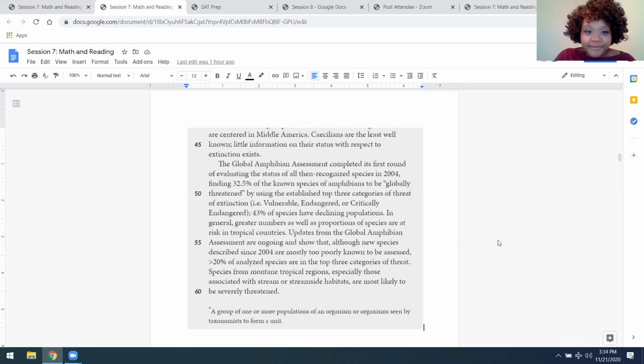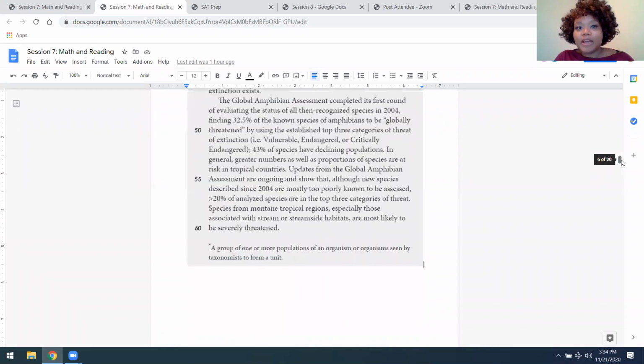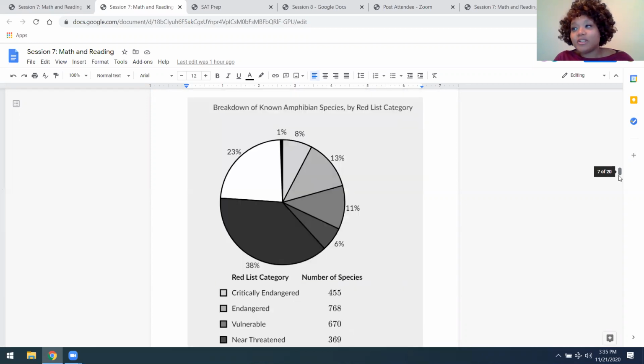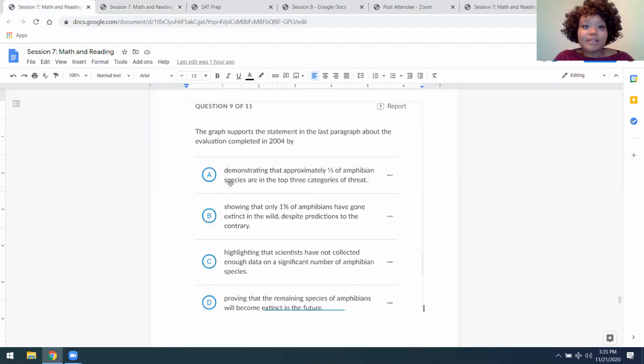And then it's going on about how some other ones, new species, are too poorly known to be assessed. So it does touch on the species that are not known about, and they therefore cannot provide too much data on them. But the question again is asking what the graph supports. So we just skim the last paragraph to reiterate what we're looking for. Question number 9 is asking, what does the graph support out of that last paragraph?